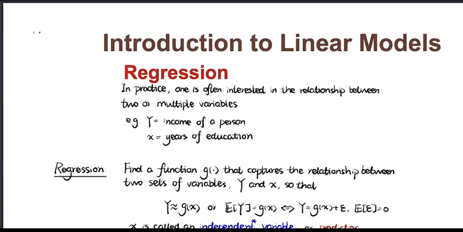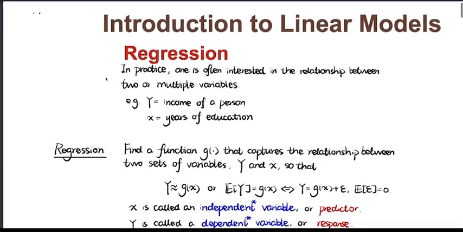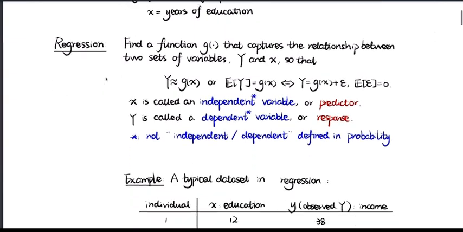Now, if we want to do this, we need a linear model to be able to achieve that. And we call that area regression. Regression is a way to relate a particular response variable that we call Y to some independent variables.